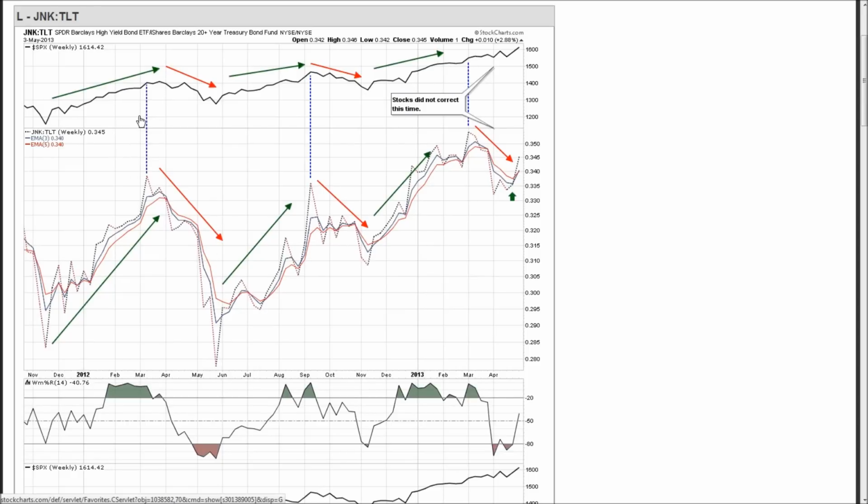Conversely, when the credit markets start to get nervous, ratio peaks here before the stock market, ratio rolls over. This is a worried look in the credit markets. Stock market corrects. Credit markets look worried. Stock market eventually corrects. You can see credit markets have been worried.